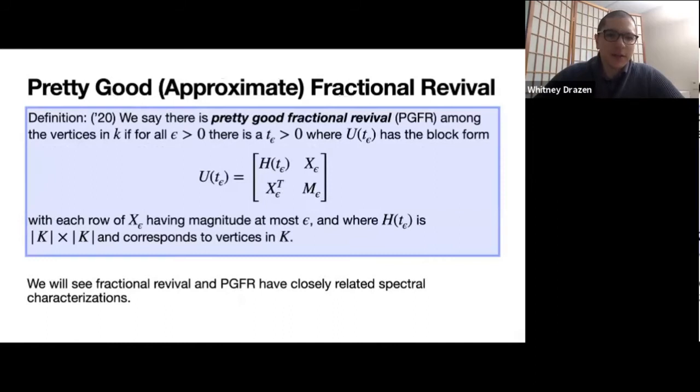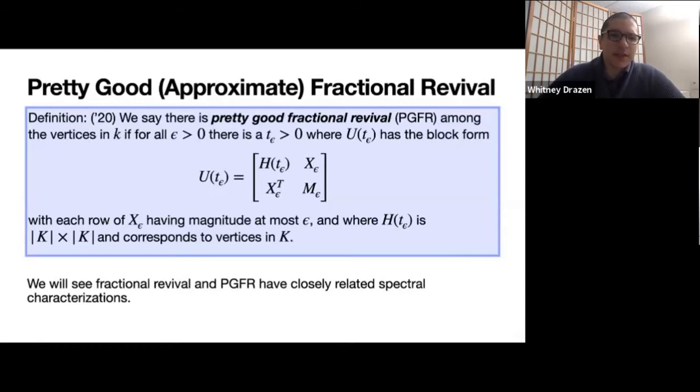We have the same indexing of vertices in K. And then we say that we have pretty good fractional revival if, up to permuting the rows and columns, for all epsilon greater than 0, there's a time t sub epsilon such that U of t at that t sub epsilon has a block form as seen on the screen, where the norm of each of the rows in the off-diagonal blocks goes to 0.